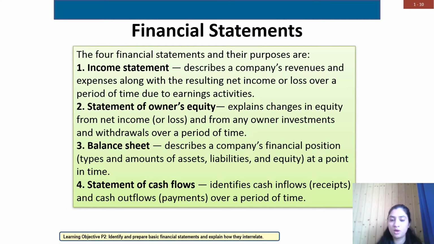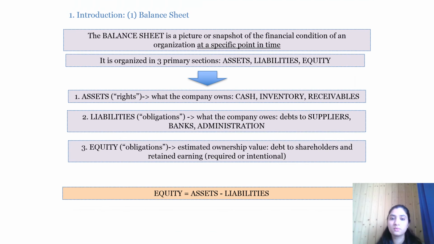It tells us what the owner's equity is after reducing liabilities from assets. Another one is the balance sheet. The balance sheet tells us what our assets, liabilities, and equity are at a certain period of time. And cash flow tells us about cash inflows and cash outflows.